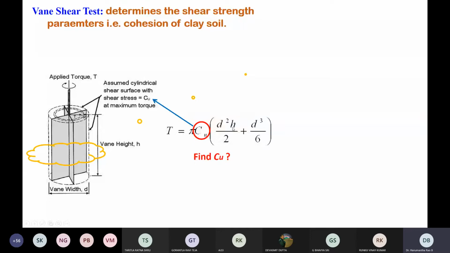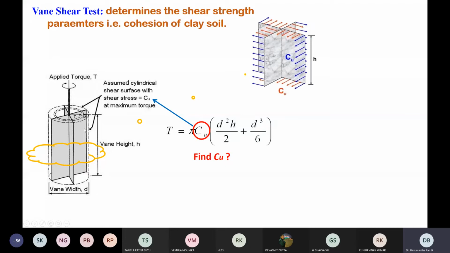If you look at this formula, it accounts for the torque applied, the resistance offered by the soil, that is Cu, the diameter of the vane d, and the height of the vane, that is h. You can also derive this formula based on simple geometry.